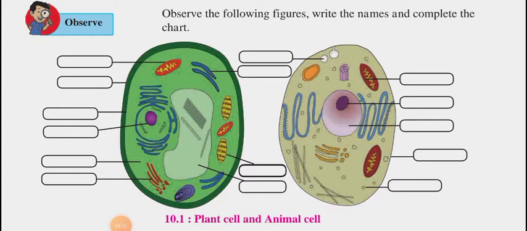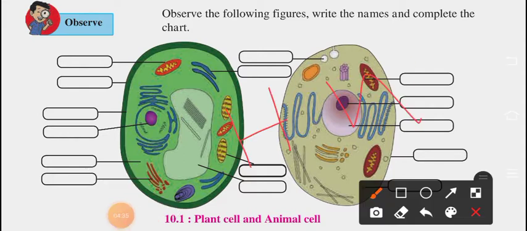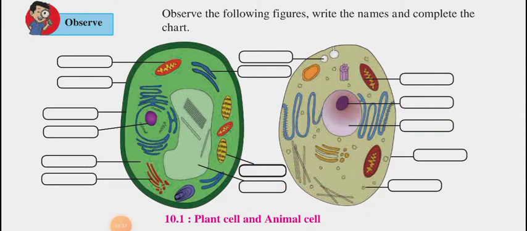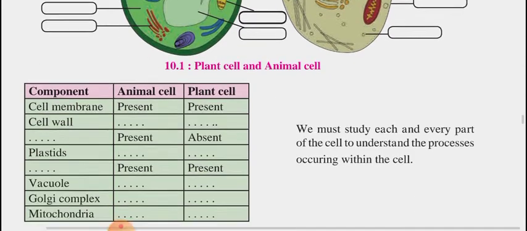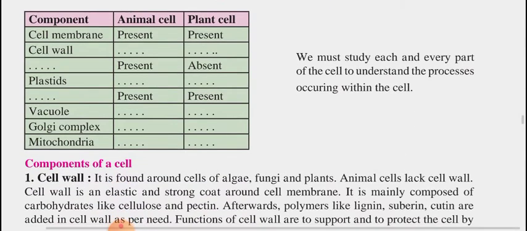Pause the video over there, keep the textbook in front of you and write down the names of these things during my lecture itself. And after the lecture you have to draw this animal cell as well as plant cell in your notebook, rough notebook or your fair notebook. It should be a science notebook. So this is a part of your homework also. Here you have to draw this animal cell and plant cell.